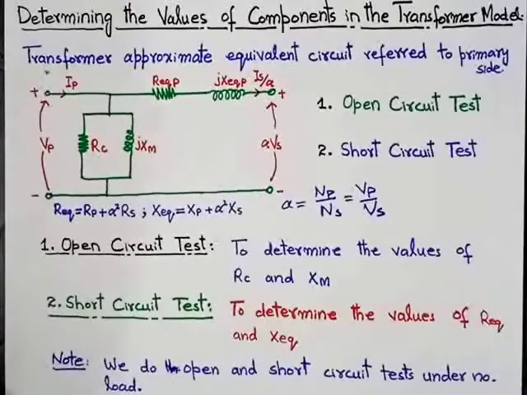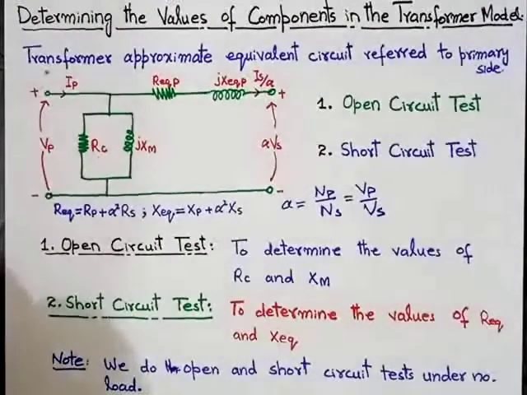In the last lecture, we have discussed the theory of operation of real single-phase transformers, the magnetization current in a real single-phase transformer, and the equivalent circuit of a transformer.